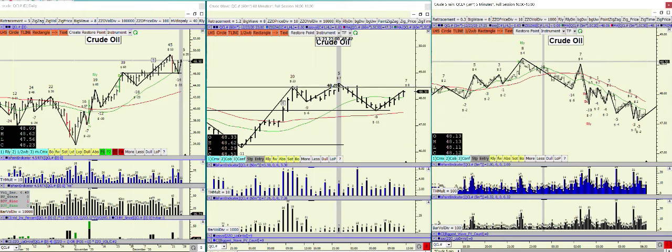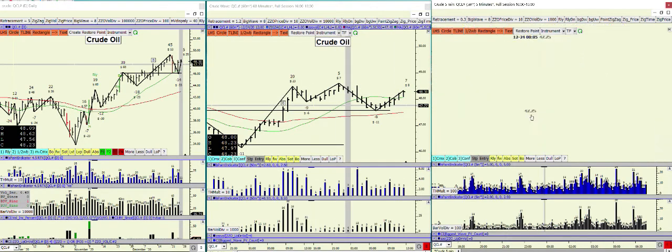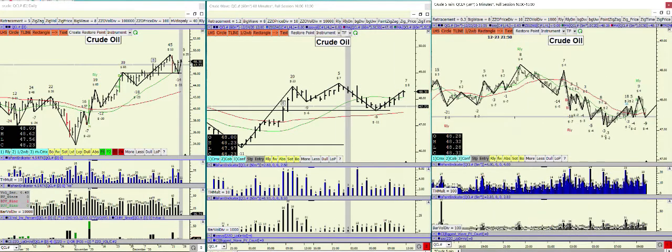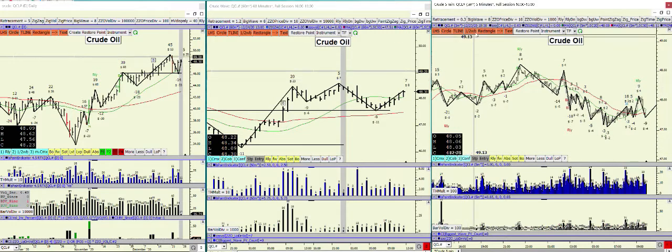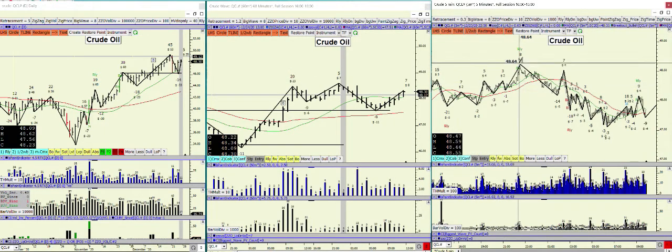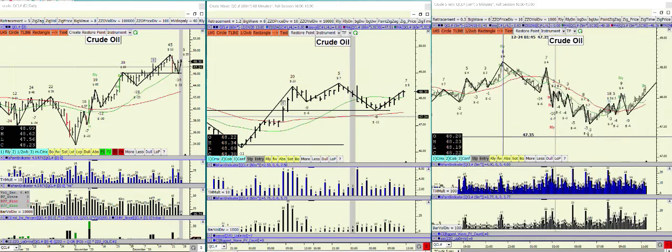So I'm over here on that middle chart, the 60-minute, and now I'm going to move over to the right and show what is going on. I'm going to show that swing on the 60-minute as a trend on the 5-minute. So mark this.